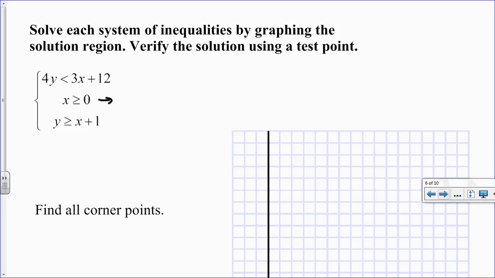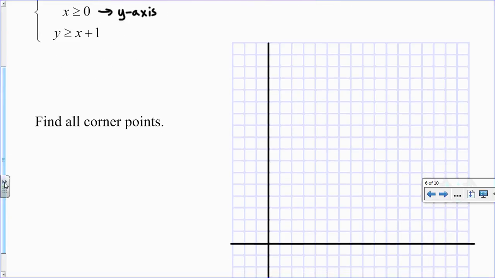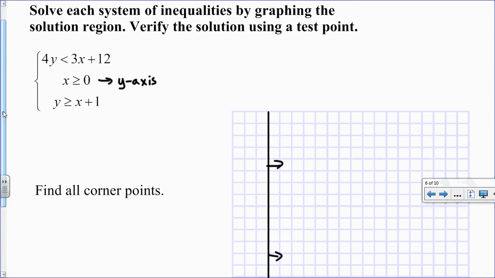This is our y-axis. Okay. And so I want to, it's greater than or equal to, so I'm going to be right of the y-axis. Okay. So then this first line, get y by itself, so just divide by 4. So that's 3/4 x plus 3.